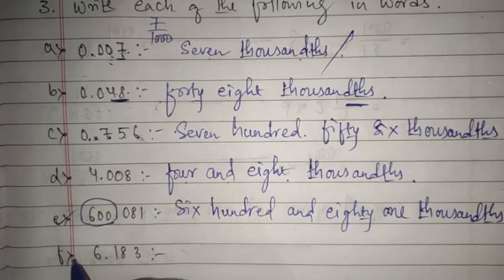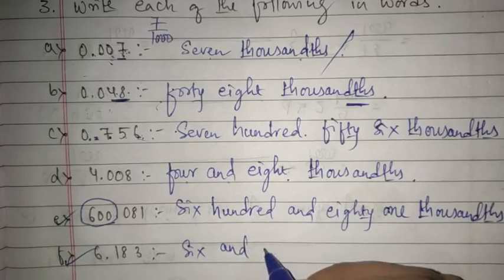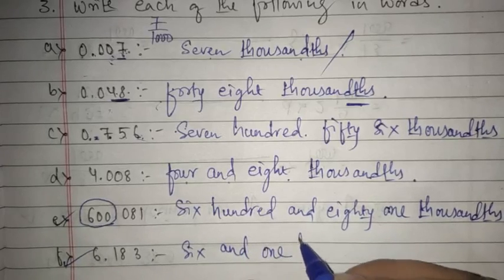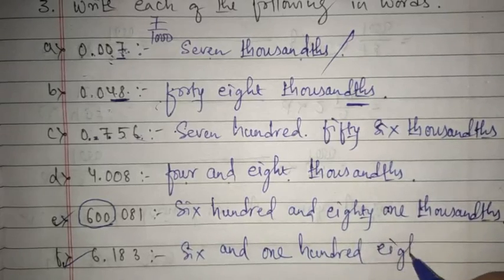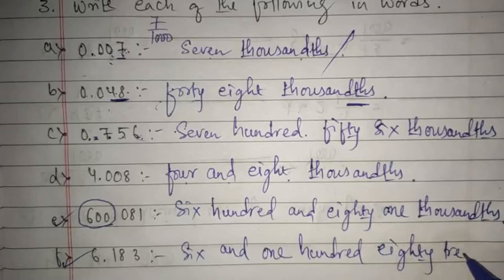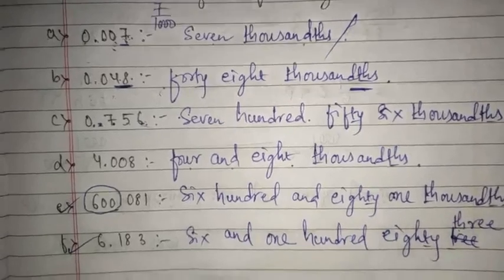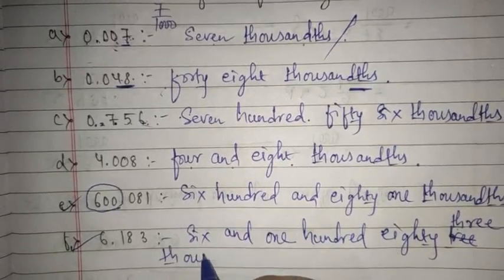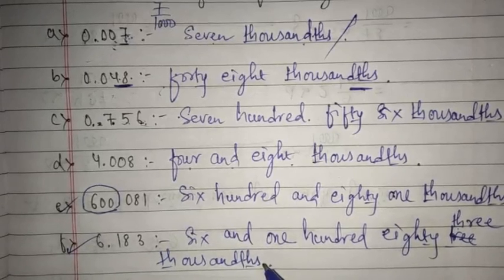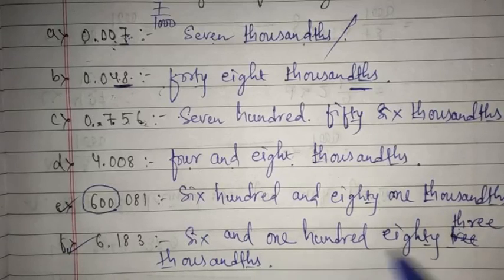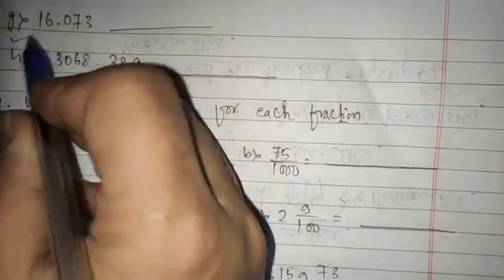Okay, part F we have here 6 and 183, sorry, this is 3 thousandths.